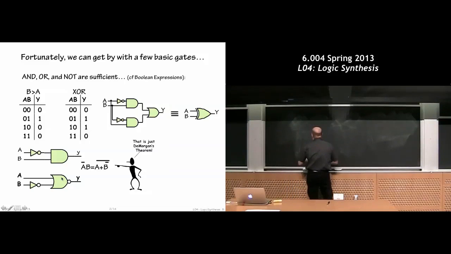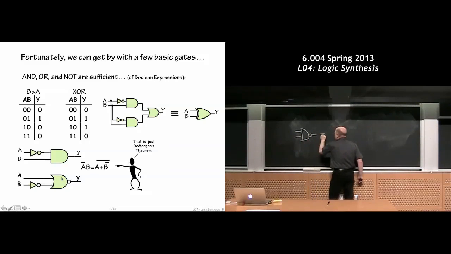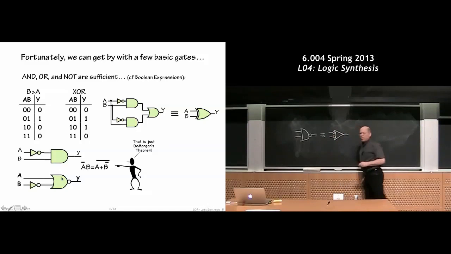And De Morgan's theorem basically looks as follows. The NOT of ANDs is exactly the same as the OR of NOTs. That's what De Morgan's theorem is telling me. And you can look at this and say, oh, okay, so those two things are always equivalent.